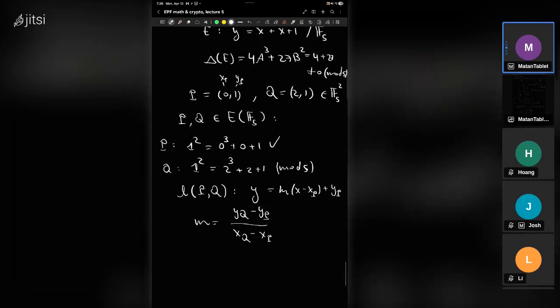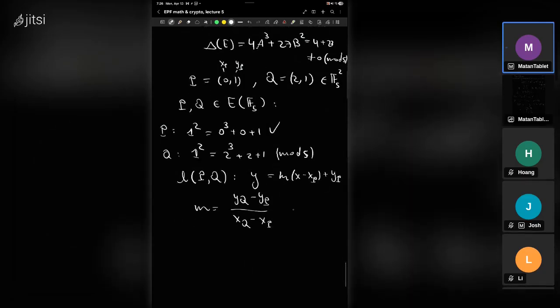And if you do the calculation, you get that this is 0. So the line is actually y equals 1. Okay, this is like a tangent line. I mean, this is not a tangent. This is a line parallel to the x-axis.